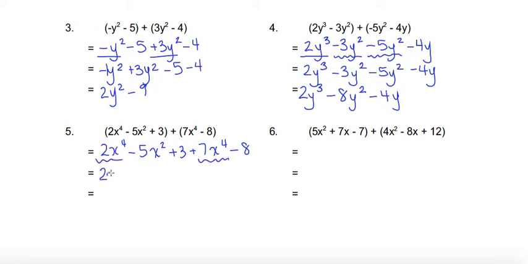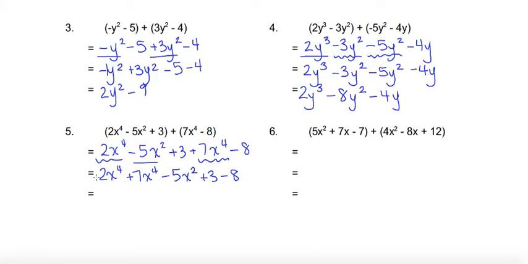So I have 2x to the power of 4 plus 7x to the power of 4. Then the next one I have is an x squared. So I have negative 5x squared. I only have one term that has an x squared. And then my constants, plus 3 and negative 8.